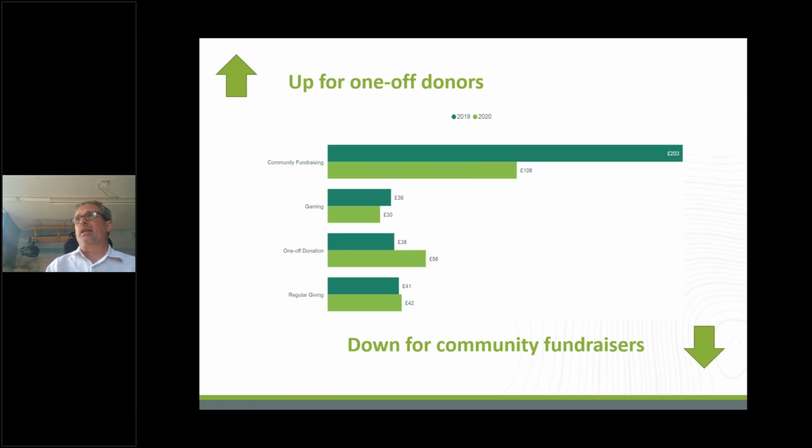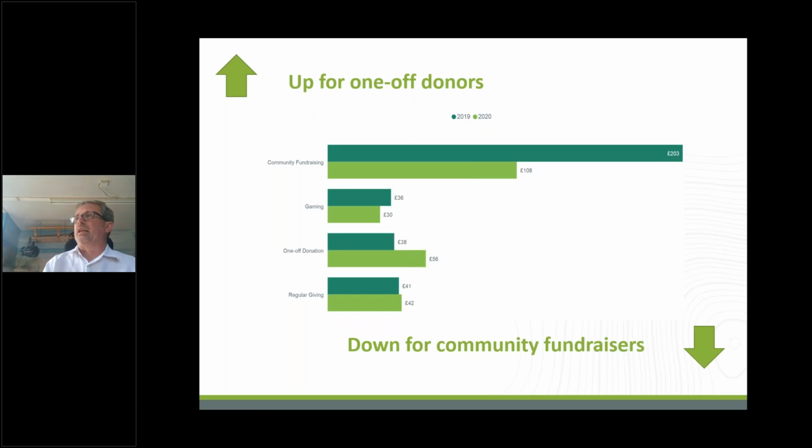It's a bit double-edged here because, as we saw earlier, huge increase in the volume of supporters being recruited through different types of events, digital events and so on, but we're certainly seeing that those are not coming through at the moment with the same sort of value. So overall income, as I showed you earlier, is reasonably flat, but that's driven by more supporters giving less value.